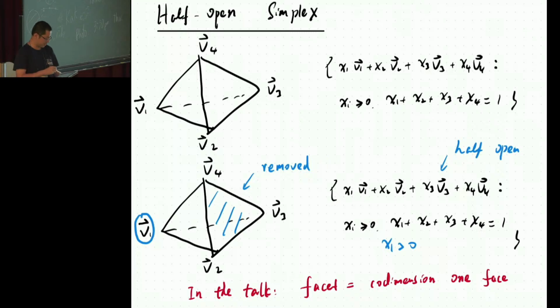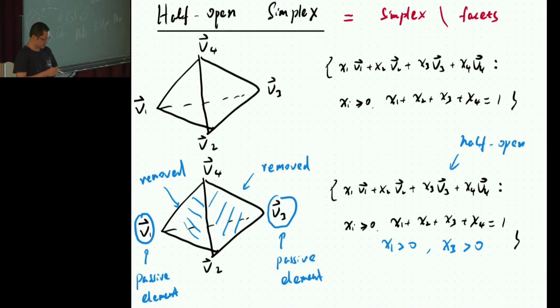So I pick a vertex here, V1. Algebraically, I will add one more condition: I hope the coefficient on V1 is strictly positive. Geometrically, I will remove this facet. I call the whole thing a half-open simplex.